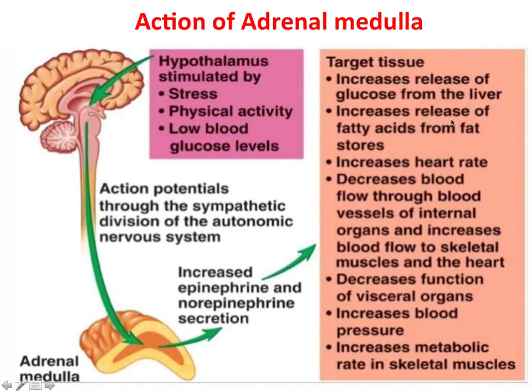They increase the release of fatty acid from fat stores, and adrenaline increases heart rate, decreases blood flow through the vessels, decreases function of visceral organs, and adrenaline particularly or noradrenaline increases blood pressure, and they also increase metabolic rate in the skeletal muscle.